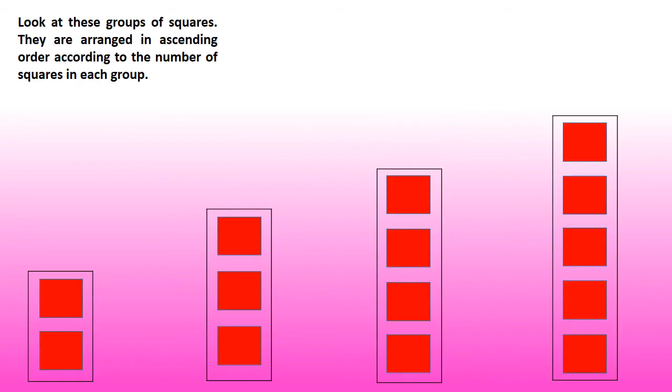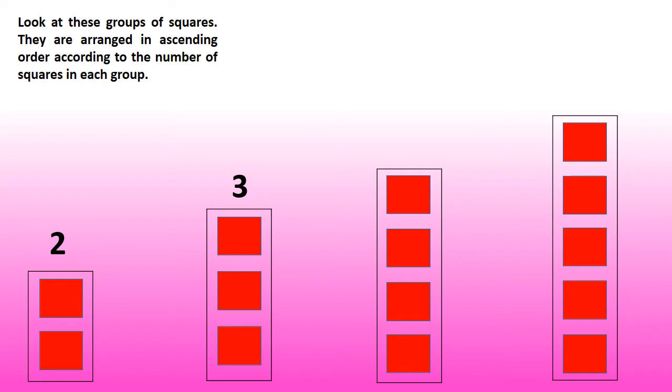Look at these groups of squares. They are arranged in ascending order according to the number of squares in each group. Now let's see how many squares are there in each group. The first group has 1, 2 squares. The second group has 1, 2, 3 squares.